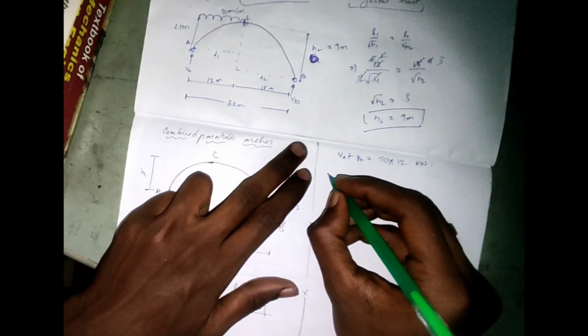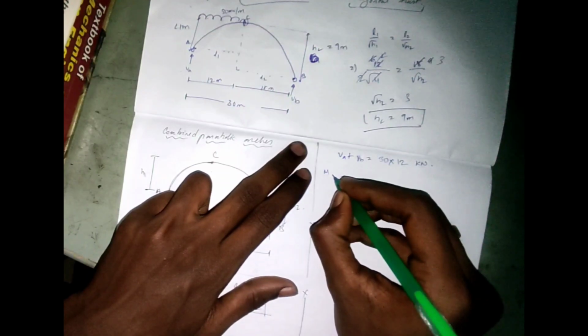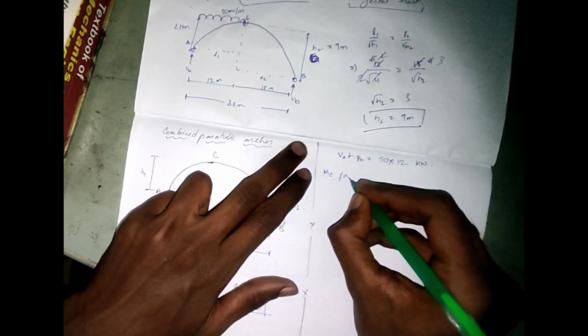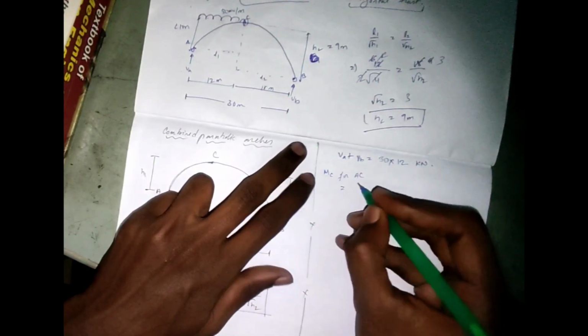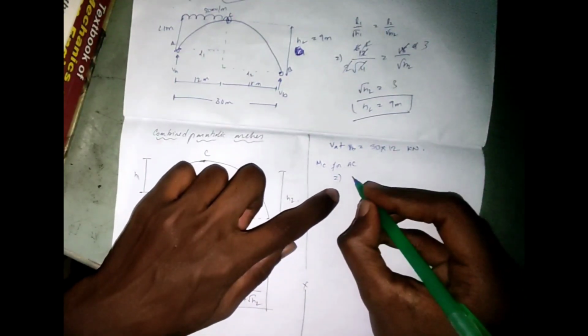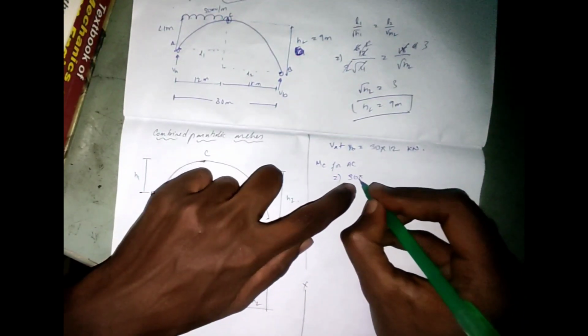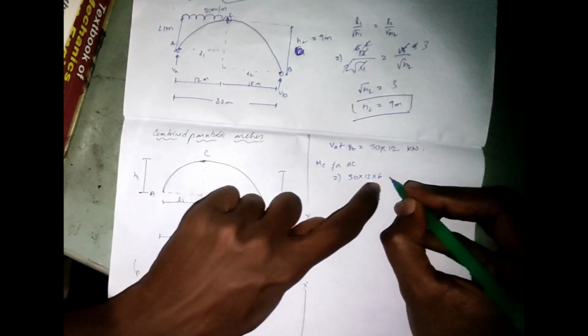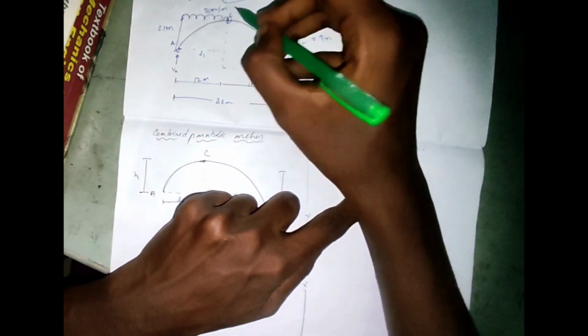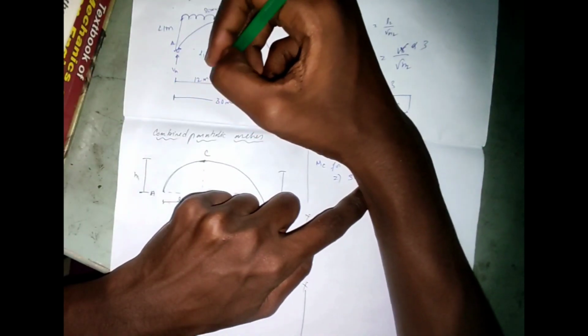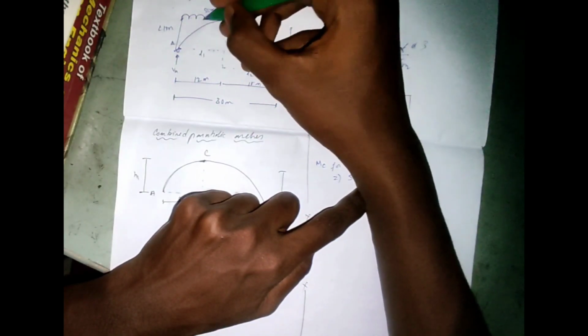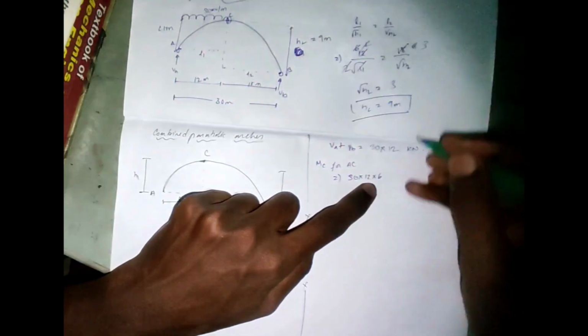We can't find moment at A and B. So now moment at C for AC will be equal to 30 into 12 into 6, from C to this point it will be 6.